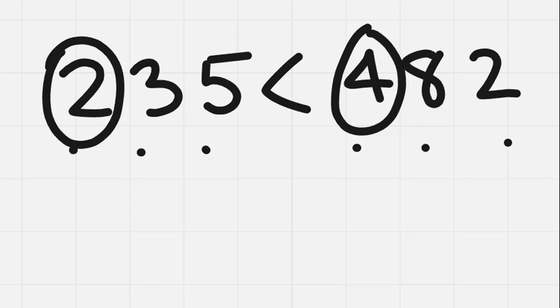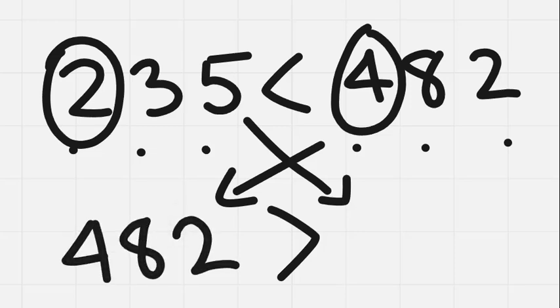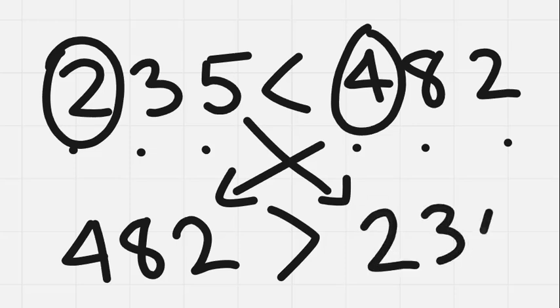We can rewrite this problem using a greater than sign. We just have to flip and trade where the numbers are. So if we put 482 first, we would switch the sign from less than to greater than. So just keep this in mind when you're writing an answer. You can write it both ways, just as long as you make sure that the correct number is in the correct place. Let's practice with a few problems.